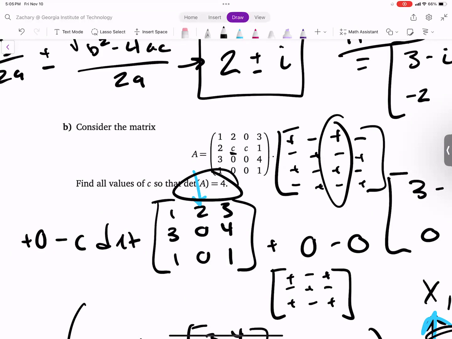Yes, but that would only be for this c, right? So yes, the determinant of that would be 0. But whichever column that c is in, we now have a 2 to consider and a different 2 to consider. And each of those minors are going to have a c in it, and we'll be able to go from there. Cool? Wonderful. So again, it doesn't matter which column or row you pick. It might seem like one is easier than the other, and either way, you're going to get the same answer if you do it correctly.